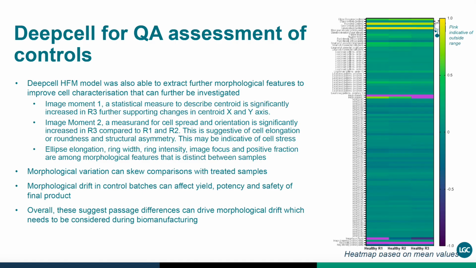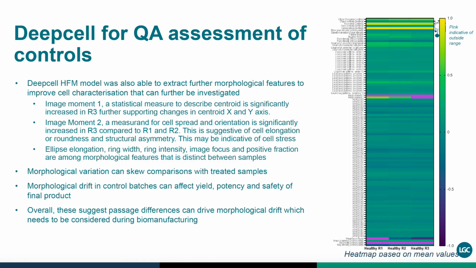So we wanted to delve into this deeper. So using DeepCell, we were able to extract over 105 morphological features to help us improve cell characterization and actually start investigating some of these morphological features in more detail.